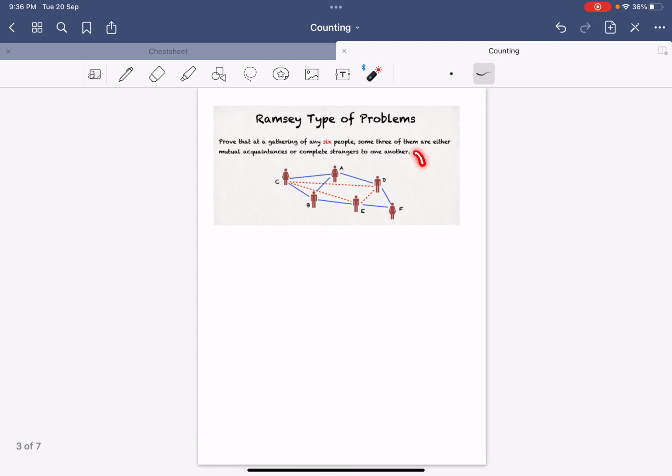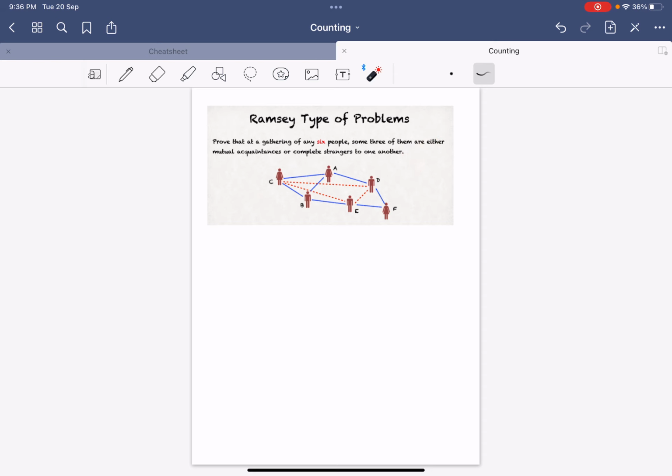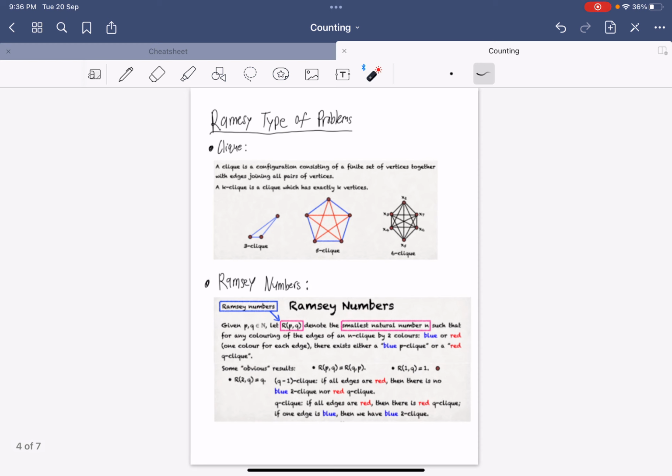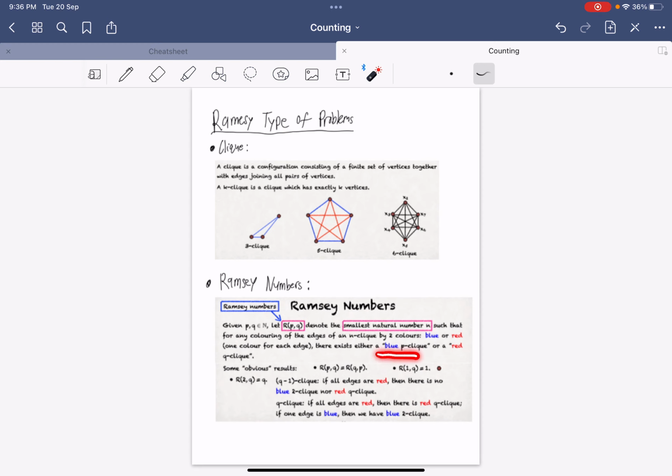And so if we prove this, it just means that 6 people are required to form at least either a blue 3 clique or a red 3 clique, where in this case we can label blue as the people who know each other and red as the people who do not know each other.